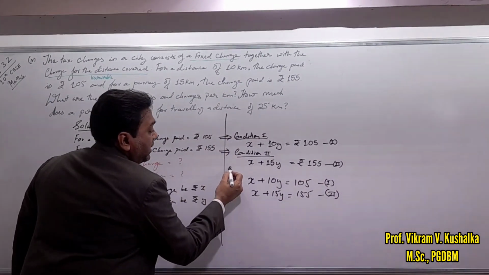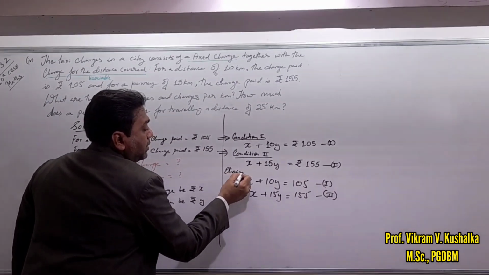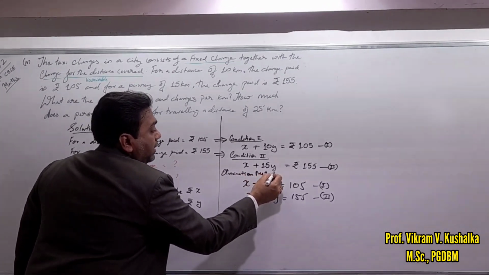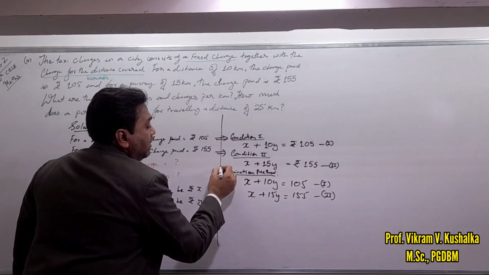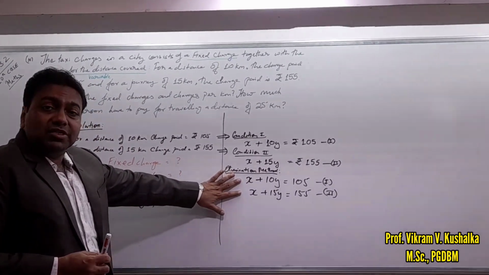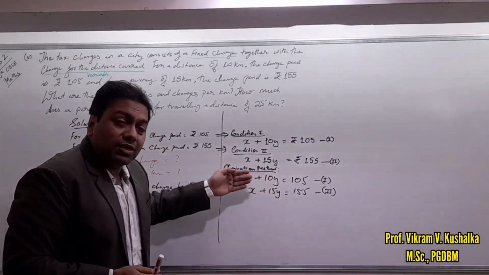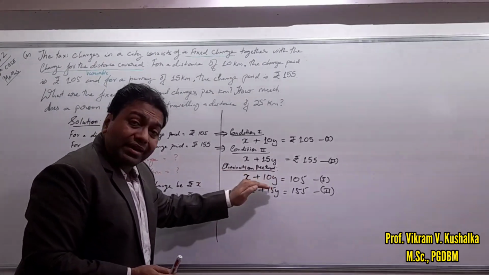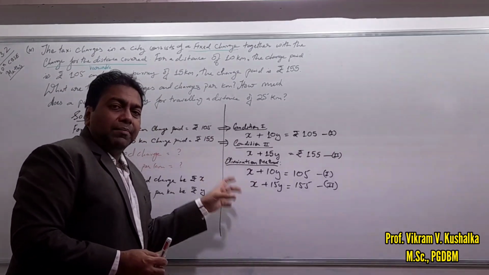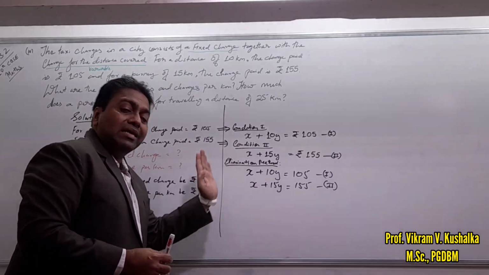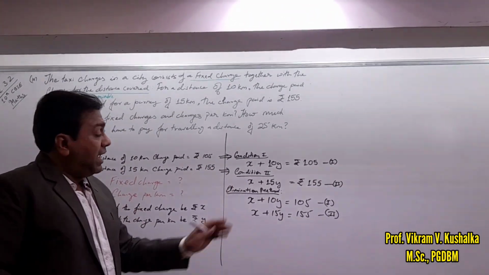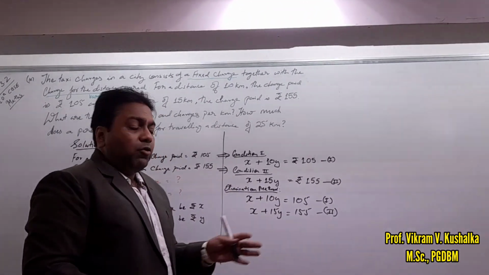So if I am solving it by elimination method, first of all, here you will understand the elimination method as well. What is an elimination method? In elimination method, you are supposed to write both the equations together. There are two variables x and y, and then you need to make one of the variables equal to the other variable, so that one of the variables you can get rid of and the second variable you can equate to find out the value.